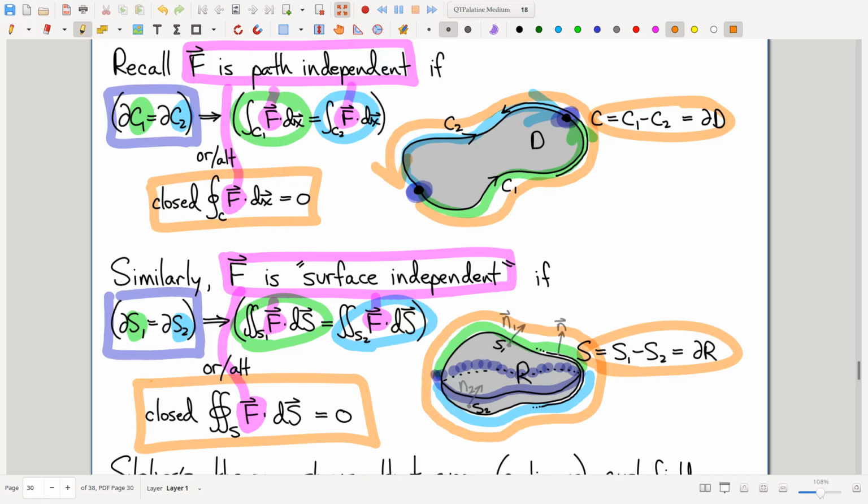So, totally analogous. Here, these two curves, by having the same boundary points, bound an interior two-dimensional region. These two surfaces, by having the same boundary curve, enclose a three-dimensional region. Everybody happy with that?